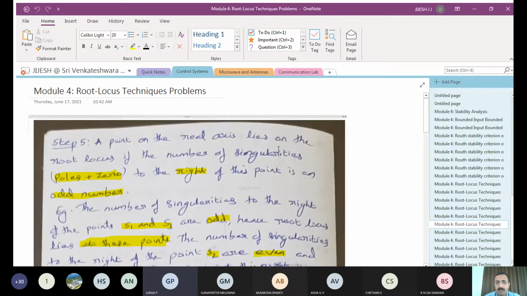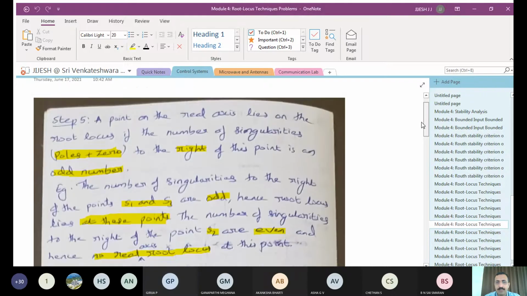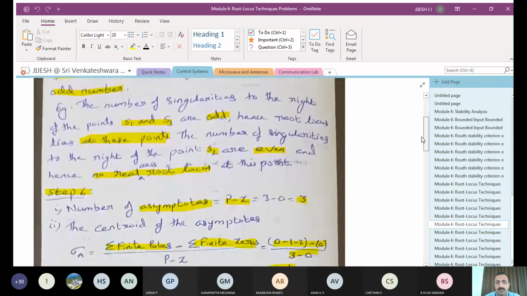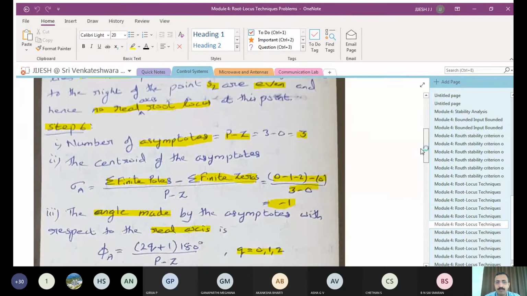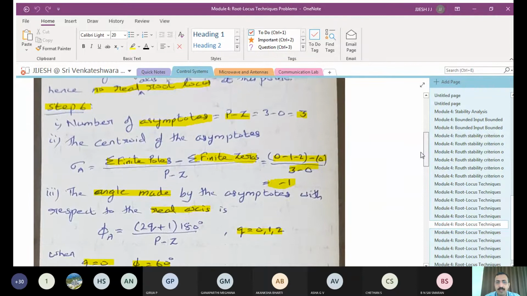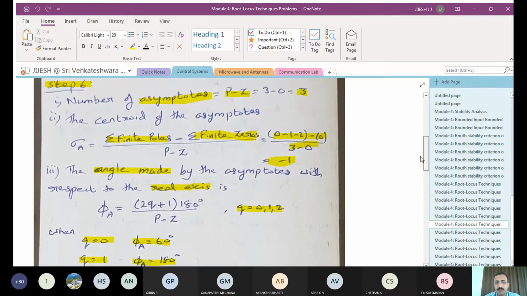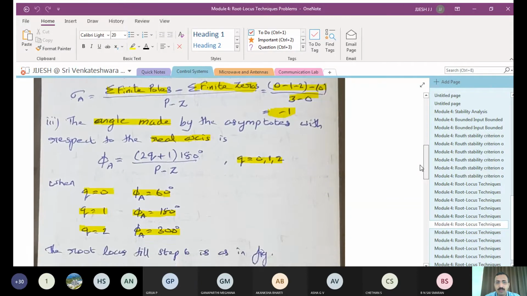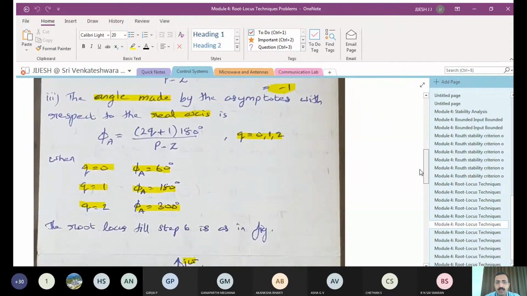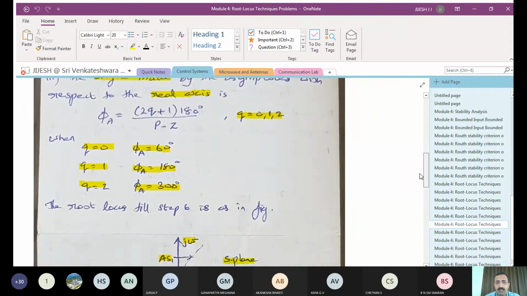In step 5, we saw which part of the real axis lies on the root locus. Also the asymptotes: we found that the number of asymptotes is 3 here, and then we continued to find the centroid, that is -1. We also found the angles subtended by the asymptotes: 60, 180, and 300.